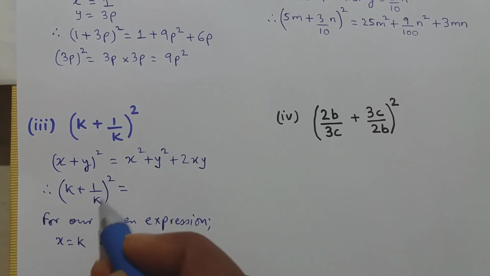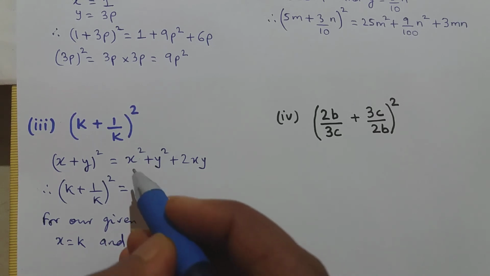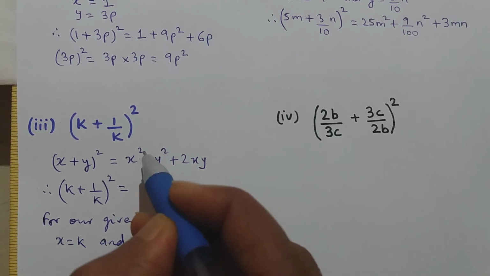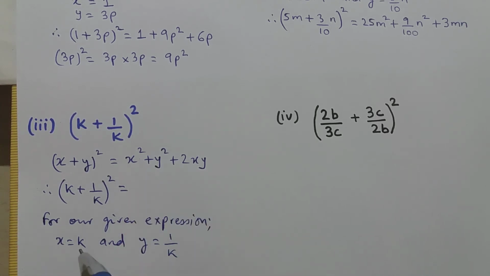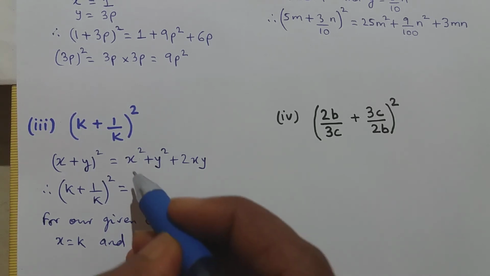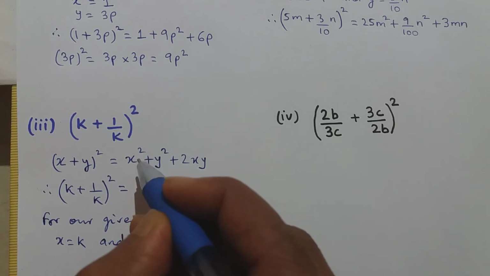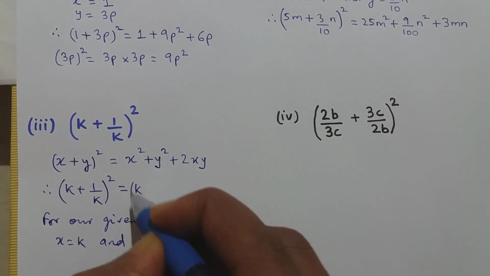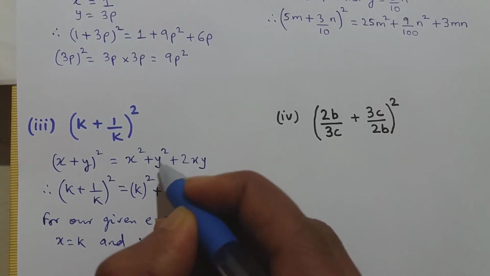So (k plus 1 by k) whole square is equal to, here we can see it is x square. Now we know what is x. For our given expression, x is k. So instead of x, I will write k, and x square will become k whole square, plus y square.